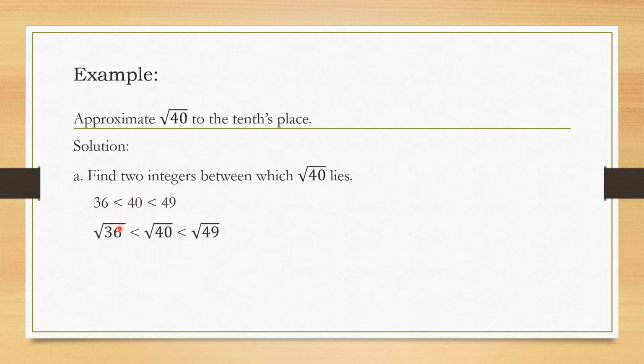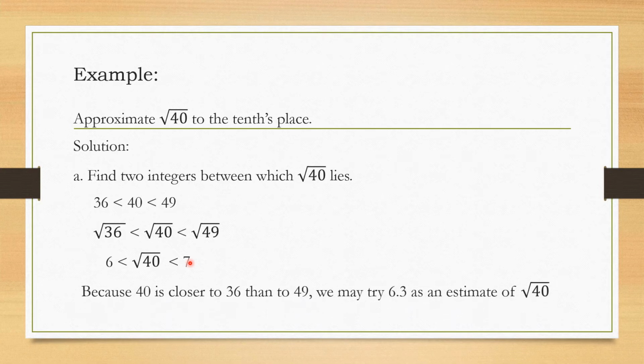Therefore, the square root of 36 is less than the square root of 40 and the square root of 40 is less than the square root of 49. And we know that the square root of 36 is 6 and the square root of 49 is 7. So therefore, the square root of 40 is between 6 and 7.